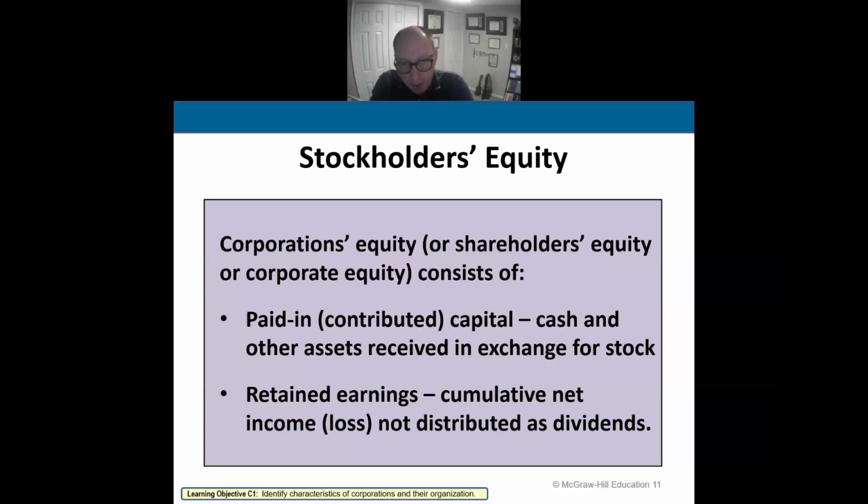And so let's say Zach also says, hey, you know what? I also am going to bring some cash and other assets into the business. So when Zach does that, he brings cash and other assets into the business, like furniture, and he's putting some cash in to get it up and running. We call that paid in capital.